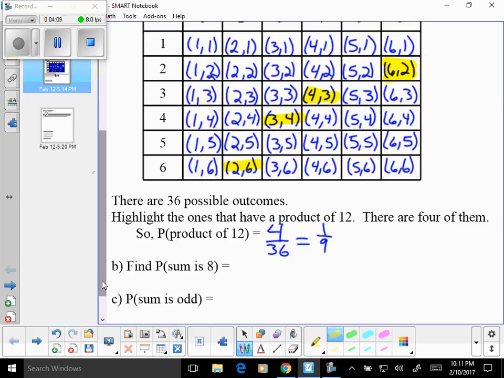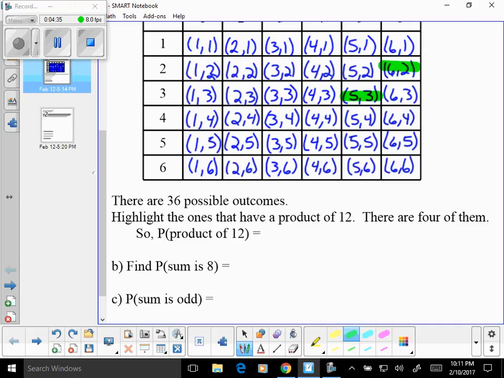Now in the next instance, I'm going to want the sum of 8. So this time I'm going to use green. I'm going to go through and I have to add my numbers. Nothing in this first row. In the second row, I'm going to have 6 plus 2. In the third row, I'll have 5 plus 3.